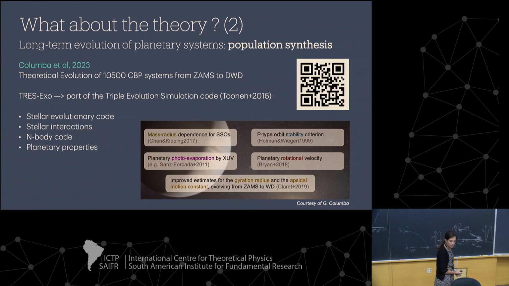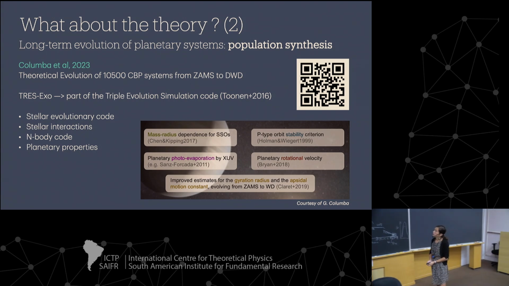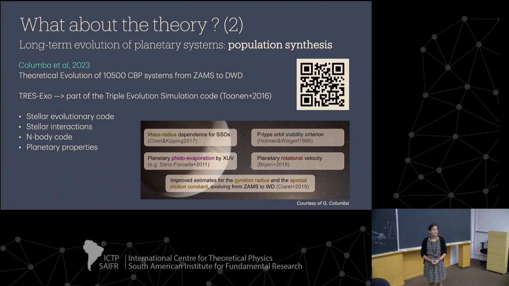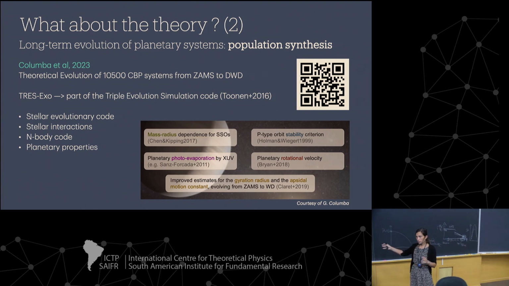The second work was done by Gabriele. He was a master's student of mine, and now he's doing his PhD in Padova, but we decided to take the work by Veselin to a population level.